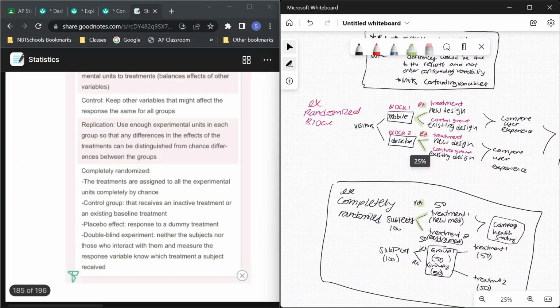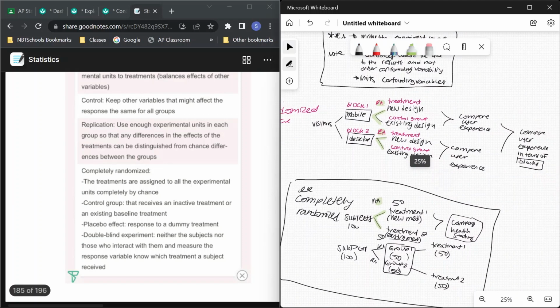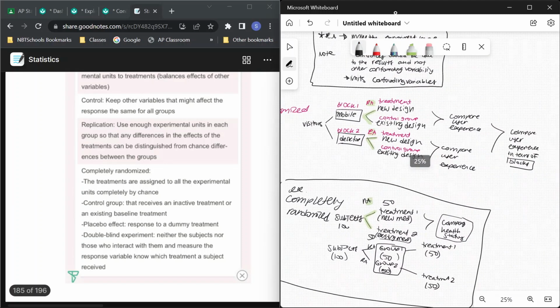Randomized block, right? So we had visitors, mobile, and what? Desktop. So we compared user experience in terms of blocks. The reason we did this is because mobile and desktop could actually be confounding variables. They could have been what caused or affected the user experience.